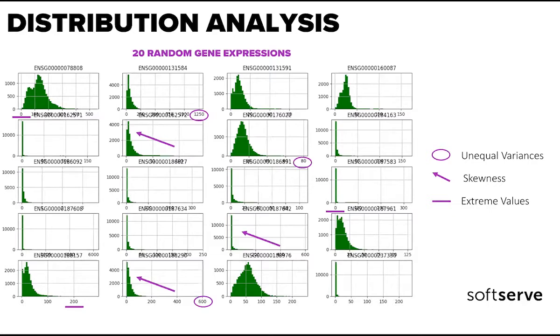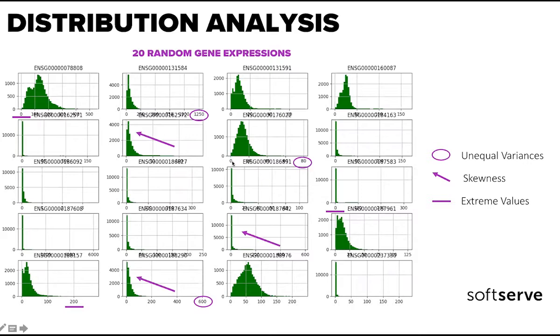There are 3 reasons for that. First, we have unequal variances for each of the genes, which is actually a natural property of this data, because some genes can be more expressed than others, not in relation to the age, but just because genes are different. So we can see here how different the variances can be.